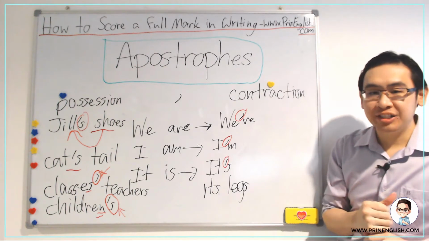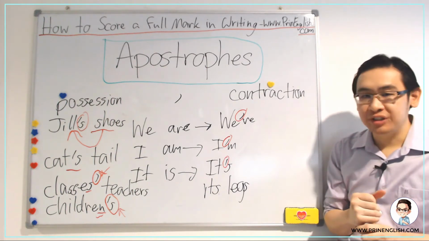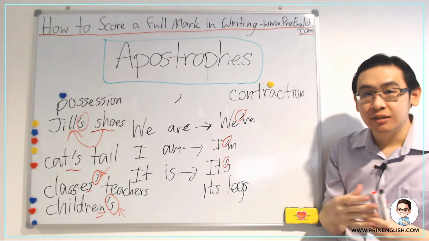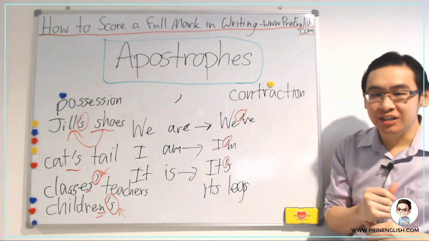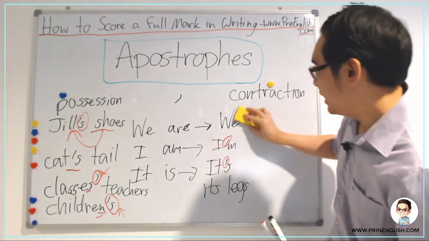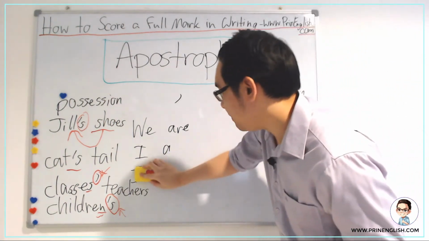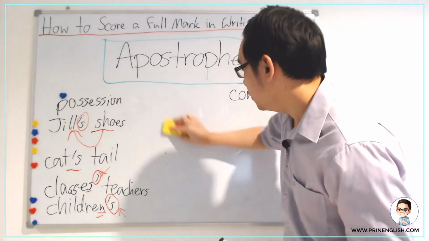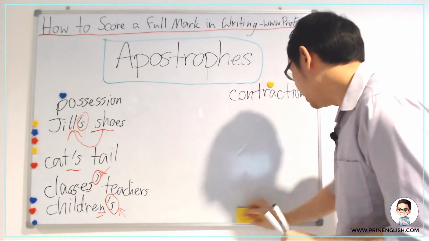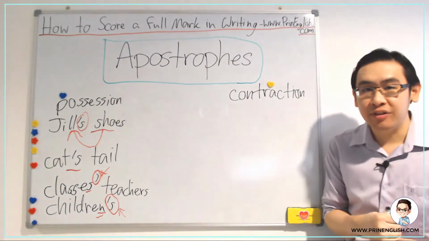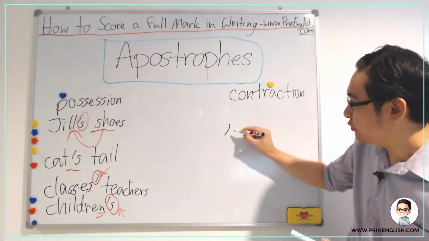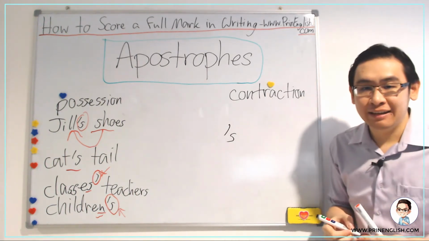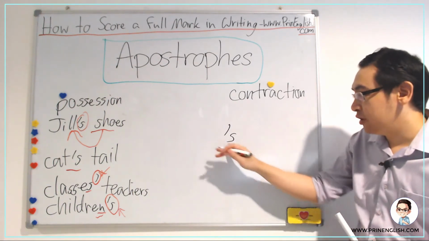Now there is also another use of apostrophes, which is when we use it regarding times, okay, duration. So for example, I need to erase something here, I need some more space. Now we use it to talk about the duration that something happens. We use the form apostrophe s normally, so that's for the singular time.